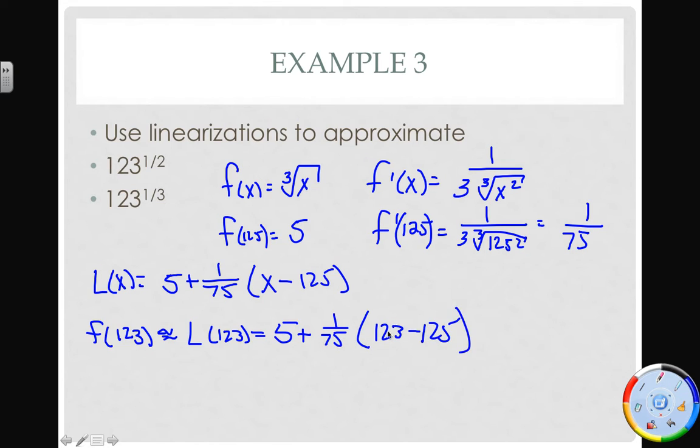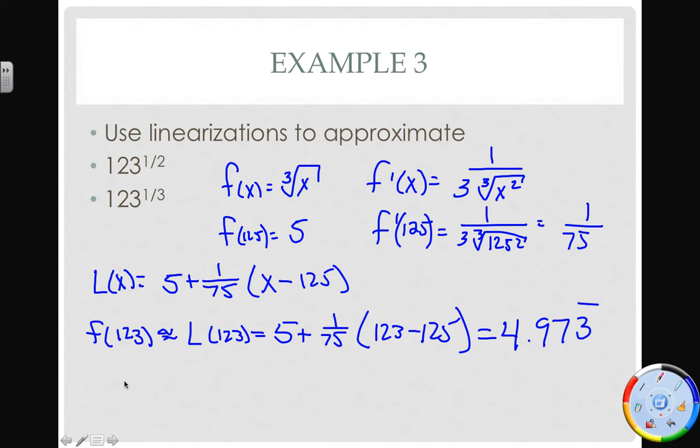And some of you are going, oh no, that's negative. It doesn't matter because I'm taking a small negative away. And I get something that looks like 5 minus 2 divided by 75. And I get 4.973 with the 3's repeating.